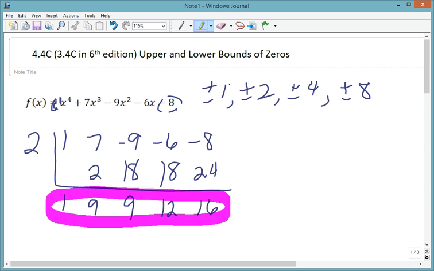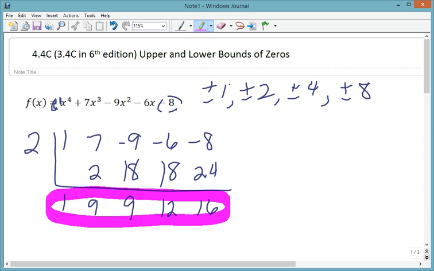It's okay if you have a 0 in there. It still would fit. But once you get everything to be positive, you have an upper bound. Okay? That means there is nothing bigger than 2 that is a 0. I don't have to try 4 and 8.